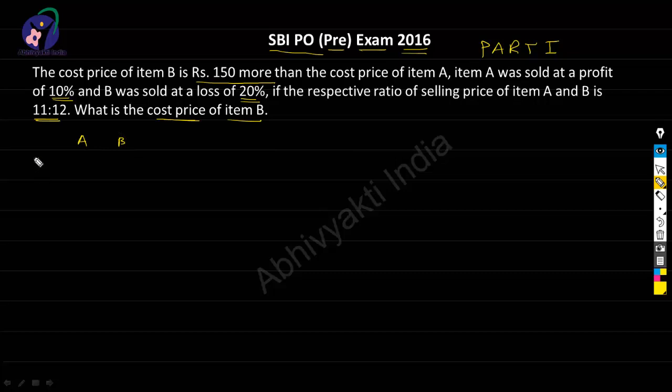Let the cost price of item A be x, and therefore the cost price of item B will be x plus 150.